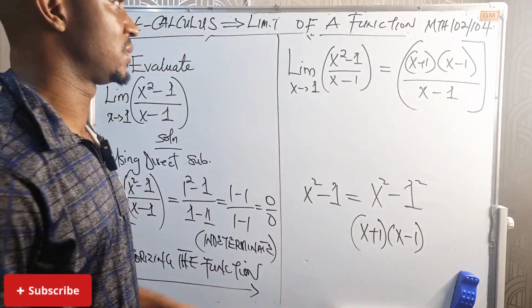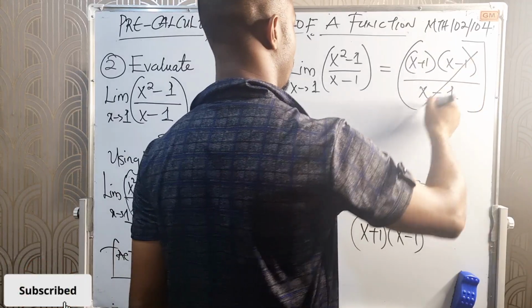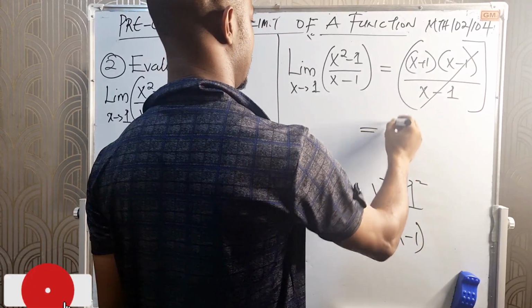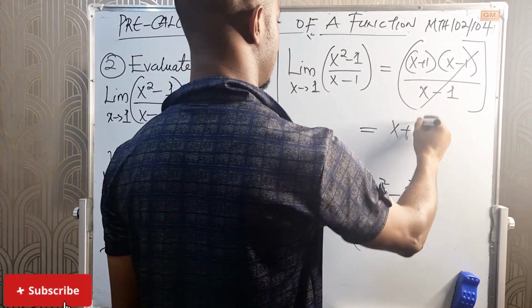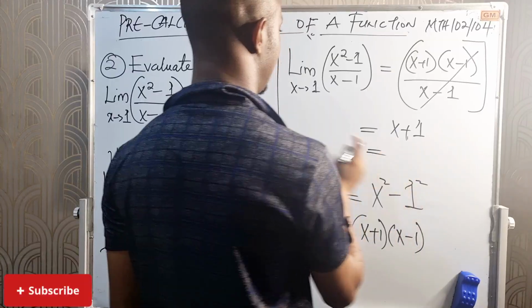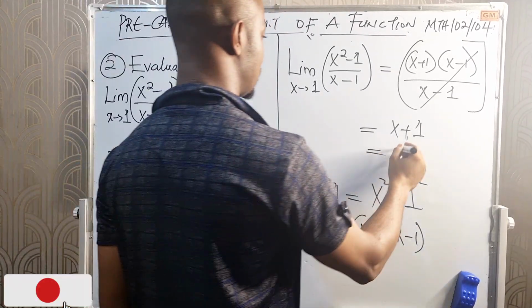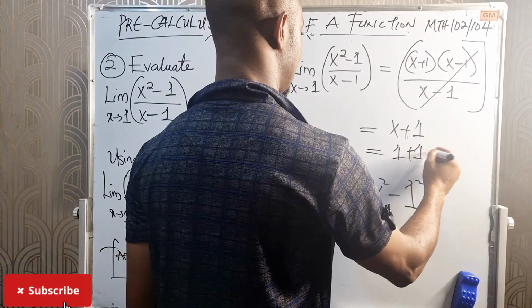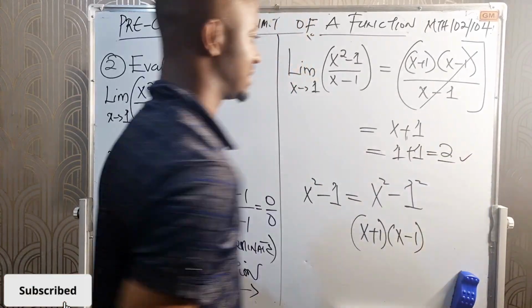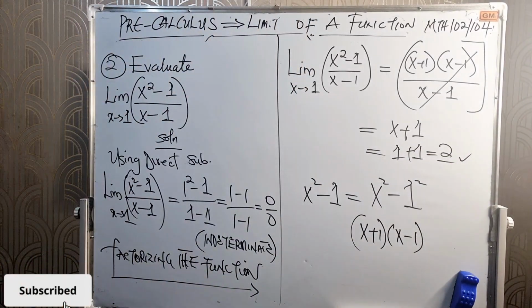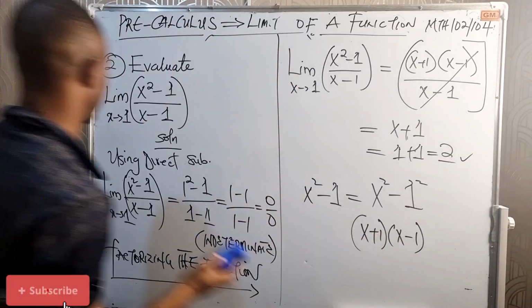Are you there? So that's what gives us this. So this can cancel with this. We are left with x plus 1, and our limit is at x equals 1. That means 1 plus 1, which gives us 2. Our answer here is 2. Alright, next question.